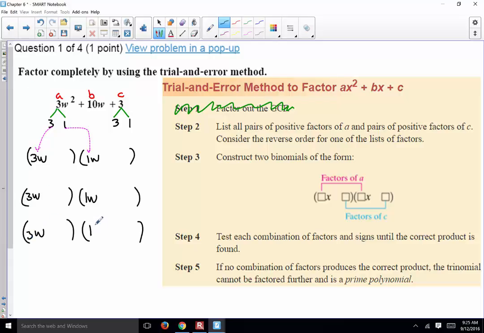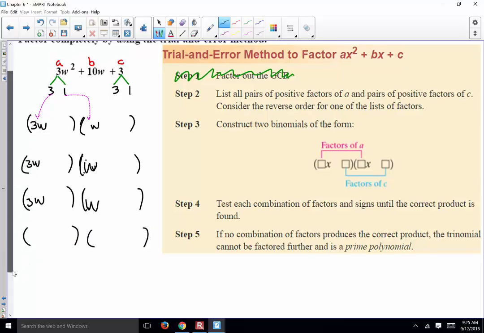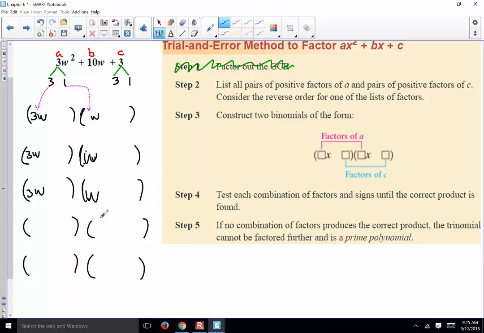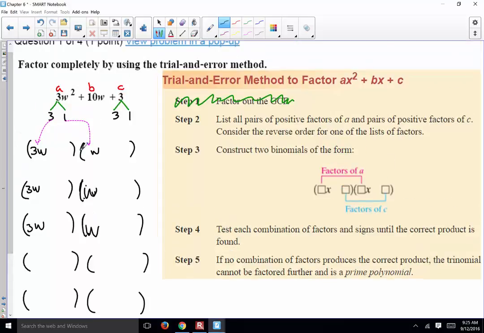By the way, do I need to show 1 all the time? Can I wipe off this 1? Yeah, please, you don't have to show 1. If it's 1w, it's the same as w. So it's w in all cases. Alright, just keep making these parentheses. I don't know how many options. Until I reach the true result, I will keep trying and trying. Okay, this is the first pair, how it splits up. Always 3w on the left, w on the right. You don't have to flip the order.